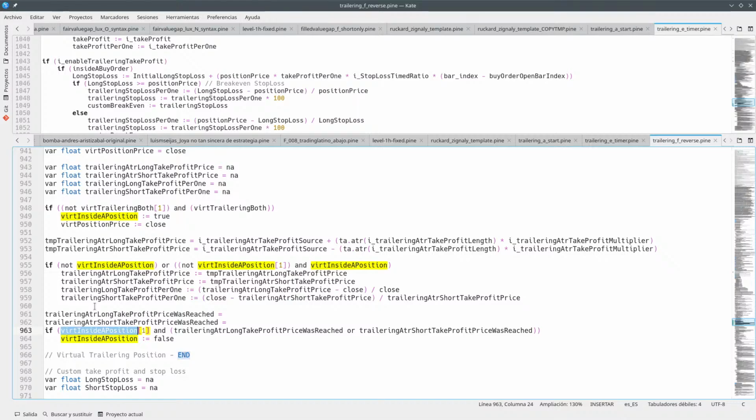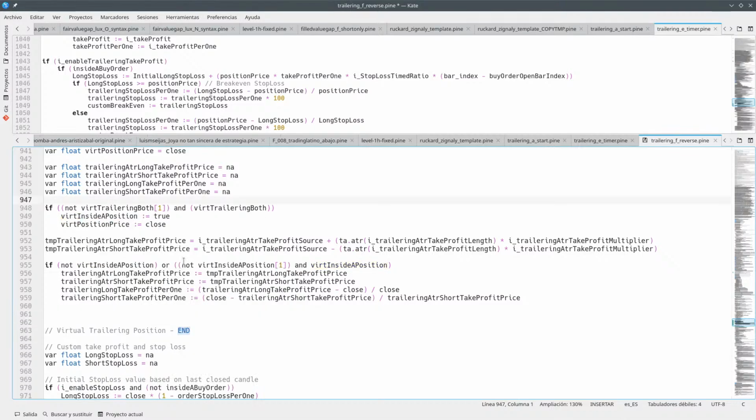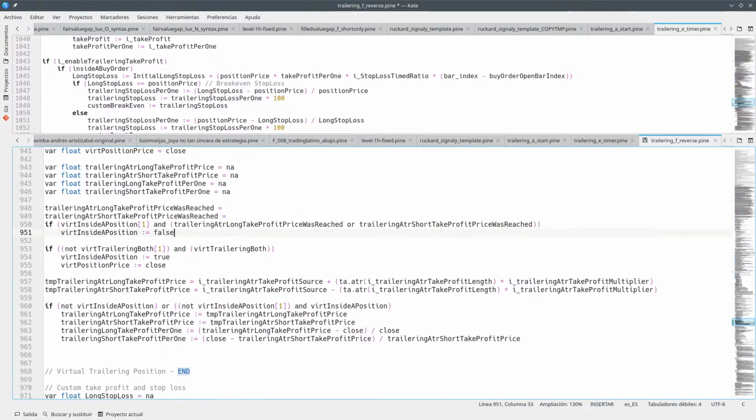And we should probably do this test before anything. Yeah, so this should be probably done here, not at the end, so that you can later say, if you are here, then you are in a position and you do some stuff.